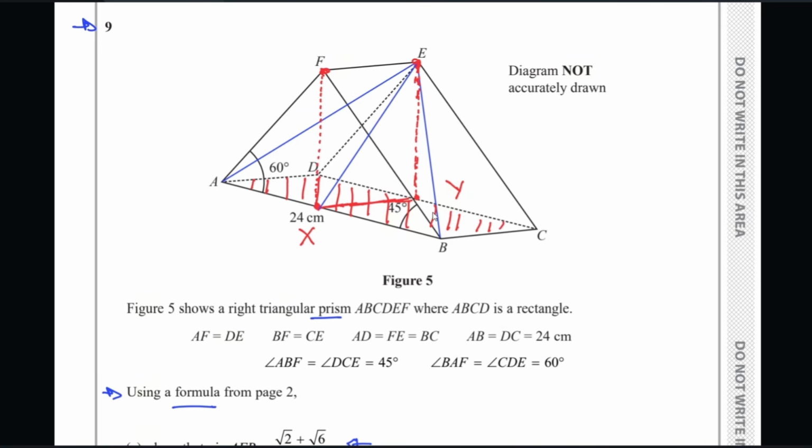The line XY lies on this plane. So if we can find the angle between the lines EX and XY, this angle here, we will be able to find the angle between the plane AEB and the plane ABCD. That's what we have to do.